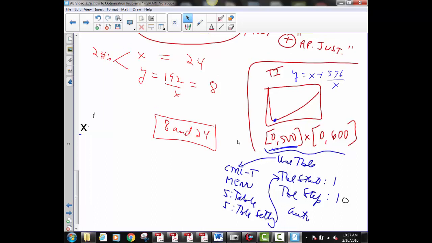And obviously, if we're adding a number plus 3 times another positive number, our S's in this case will also be positive. So we're only dealing with the first quadrant. So you can definitely have x min 0, y min 0. You might have to play with this a bit, and I'm suggesting you might want to go to the table and go up by tens to watch the numbers come down and then go back up when you pass somewhere around 500. And you'll also be able to see the y values are quite big.